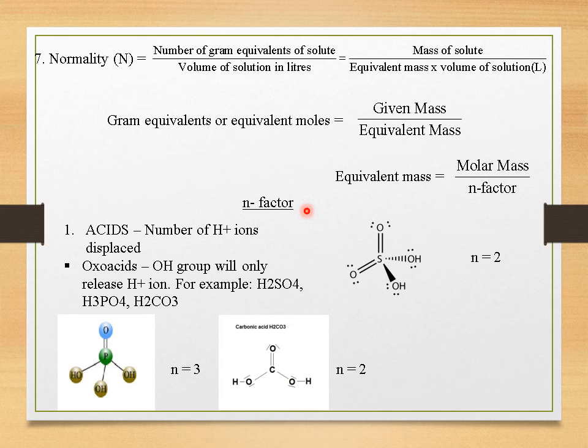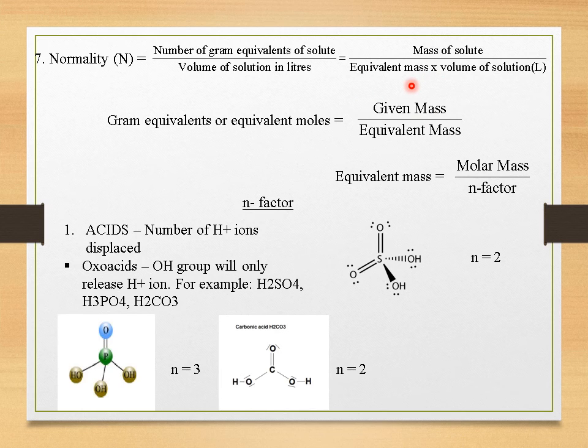If I tell you to make a two normal solution of an acid, you are first going to check how much of your solute you are going to take. The amount of solute that you take will be dependent upon the n factor, because in the formula you need to find out the equivalent mass.